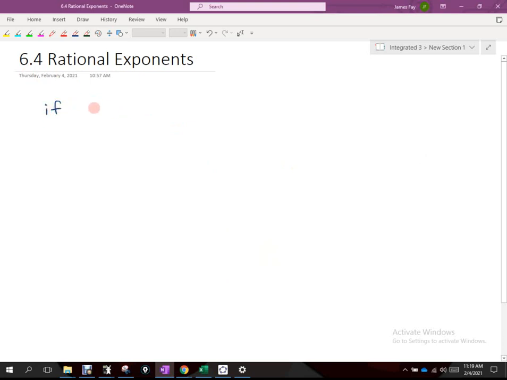So n raised to the 1/2 power is equal to the square root of n to the first.